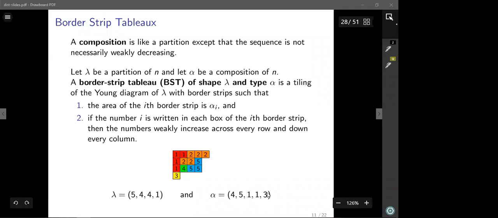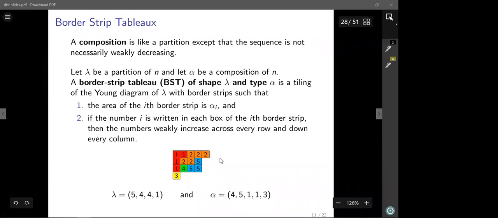And then the 5th border strip has to have 3 things. The colors here, by the way, are not actually important. They're just for visual clarity. But the second condition here means if I write the number i in the ith border strip, I put 1s in the first border strip and 2s in the second border strip and so forth, then across each row and down each column, these numbers weakly increase.